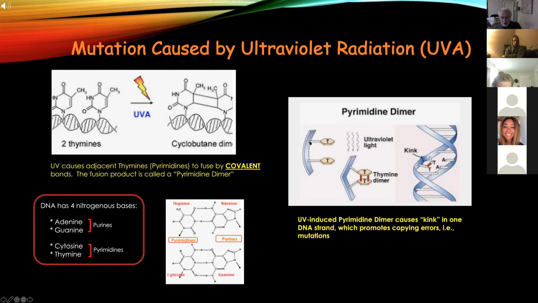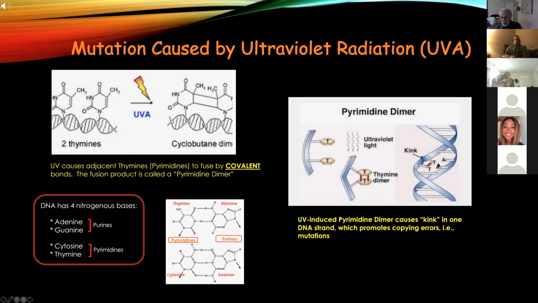So this illustration here on the right shows a DNA backbone with 2 thymine residues sticking out. When they're hit by UV light, thymine dimers occur. And as I said, these red bars are covalent bonds, so they're very firm and they remain. And now imagine DNA polymerase 3 comes along copying this DNA.